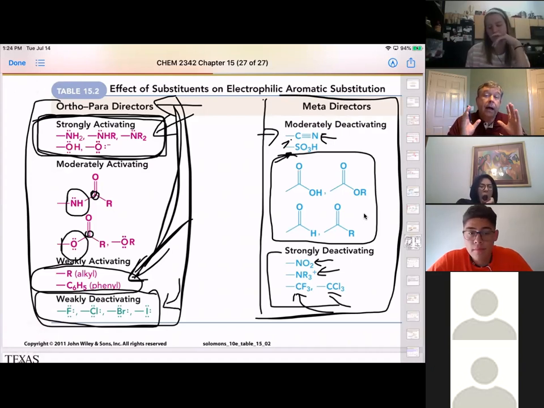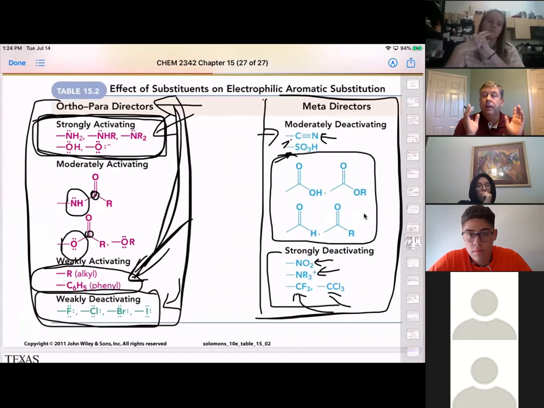So I think you should be able to, using that lone pair strategy, look at almost any group, plus the alkyl groups and the phenyl group here, and say, oh, there's a lone pair on the atom bonded directly to the benzene ring. It should be ortho-para directing, okay?